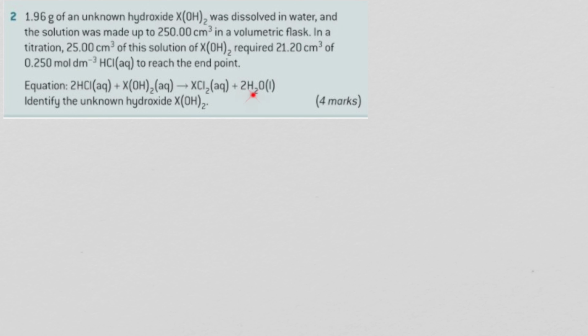We're given the equation. Now we need to identify the unknown hydroxide, which is XOH subscript 2.